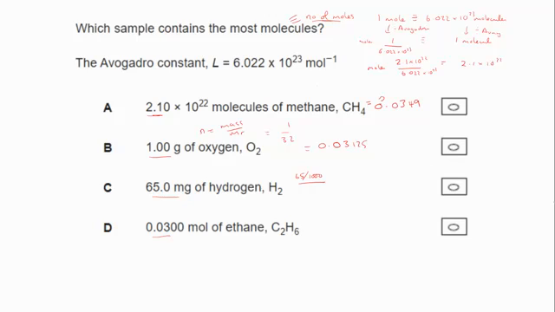And then the Mr of this is 2, so that gives me 0.0325 moles. Now if I look at all of these numbers, I can see that this one is the highest number, so that contains the most molecules.